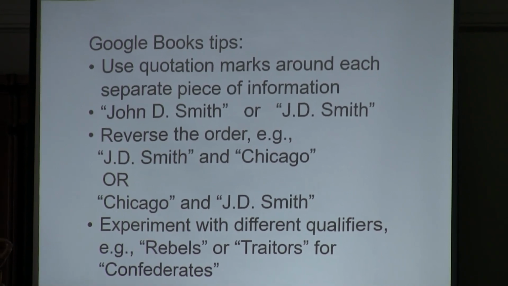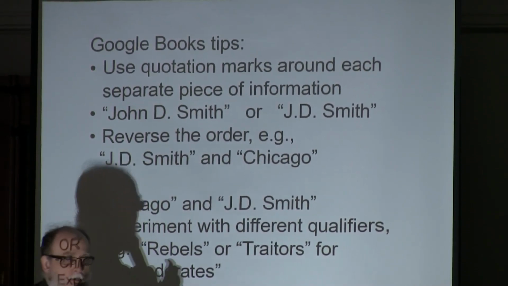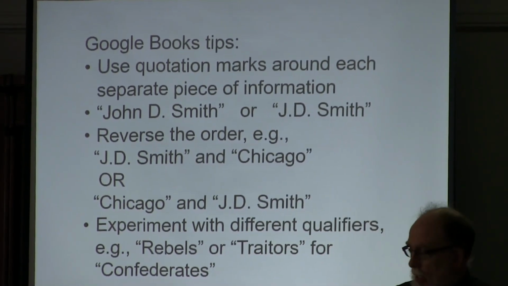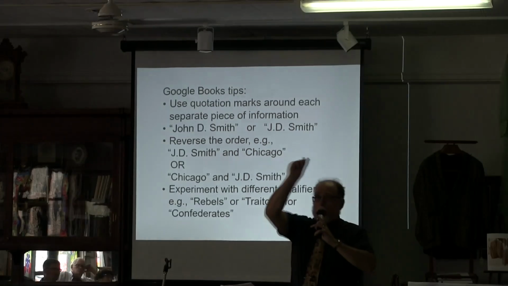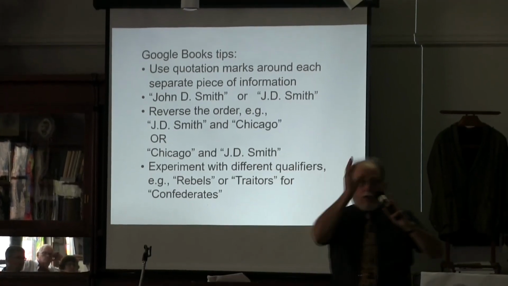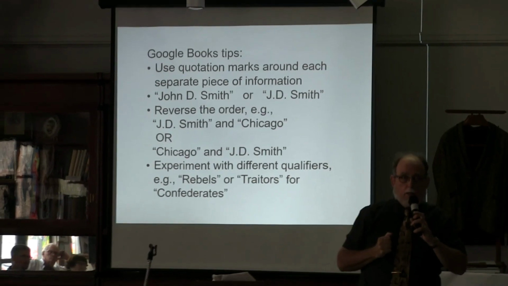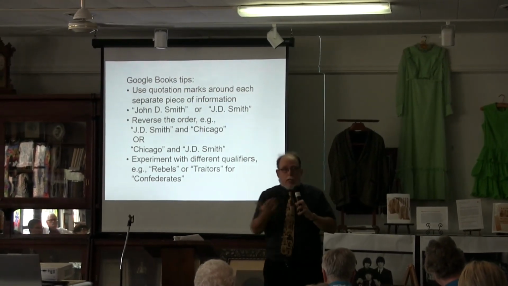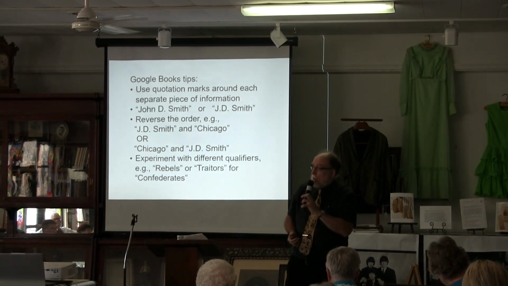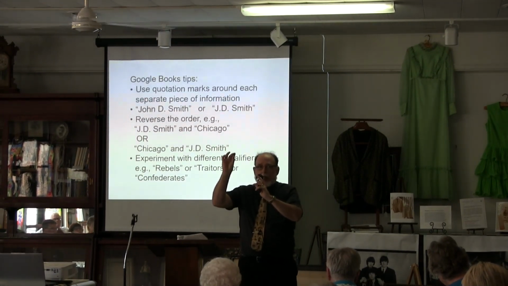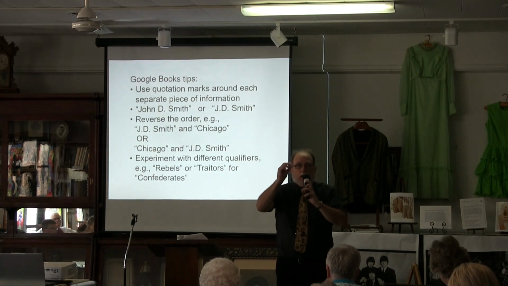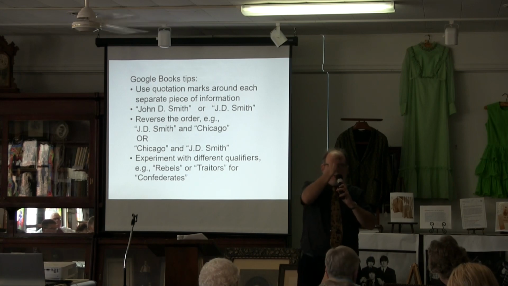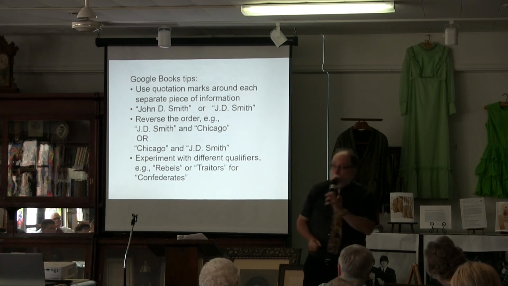For example, when I would search for Iowa Confederates, I would have Iowa in quotation marks, Confederates in quotation marks. Or if I wanted to see were there any Confederates from Greene County, I would type Iowa in quotation marks, Greene County in quotation marks, Confederate in quotation marks.